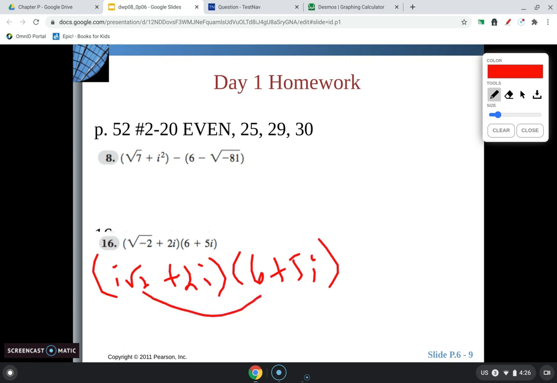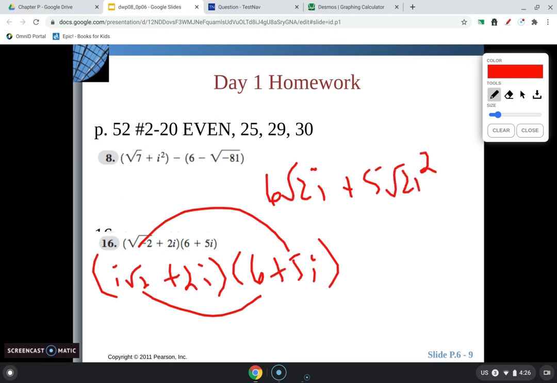That is 6i root 2, or 6 root 2i. Outer times outer is plus 5 root 2i squared. Inner times inner is plus 12i. And last times last is plus 10i squared.